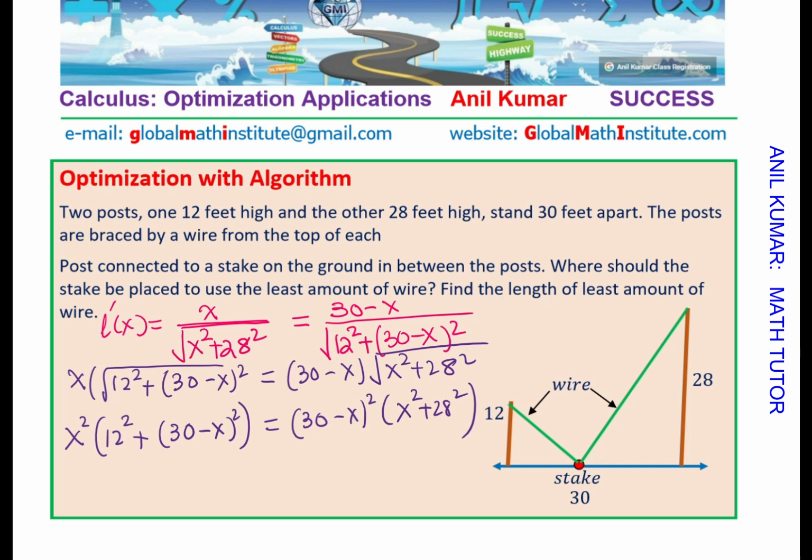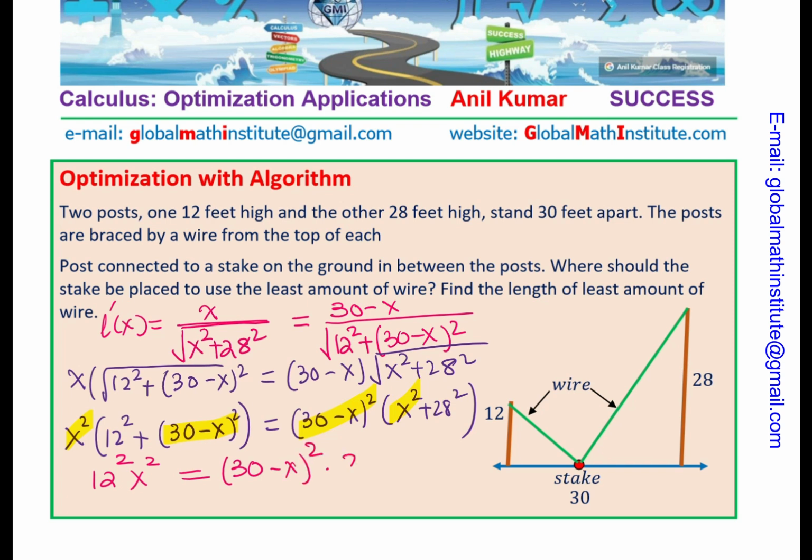Now you can see that x square times 30 minus x square will cancel, right? And therefore, we are left with 12 square times x square, right, equals to 30 minus x whole square times 28 square.